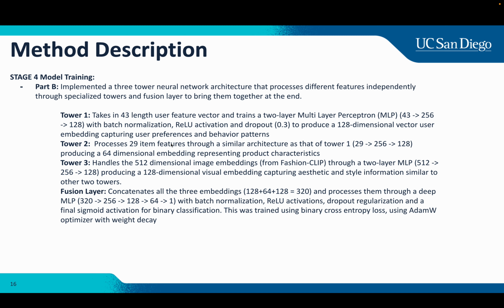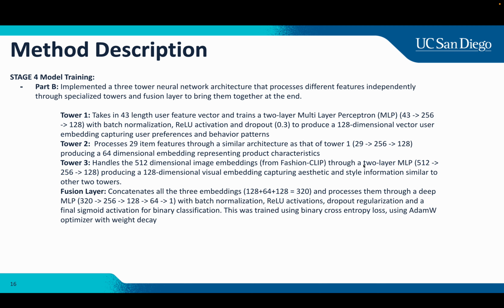Similarly, for another model for item features, which again understands the hidden semantics of the item preferences based on the item features. And then another model which I used to compress the image embeddings from FashionCLIP. So it was a 512 dimensional image embedding.